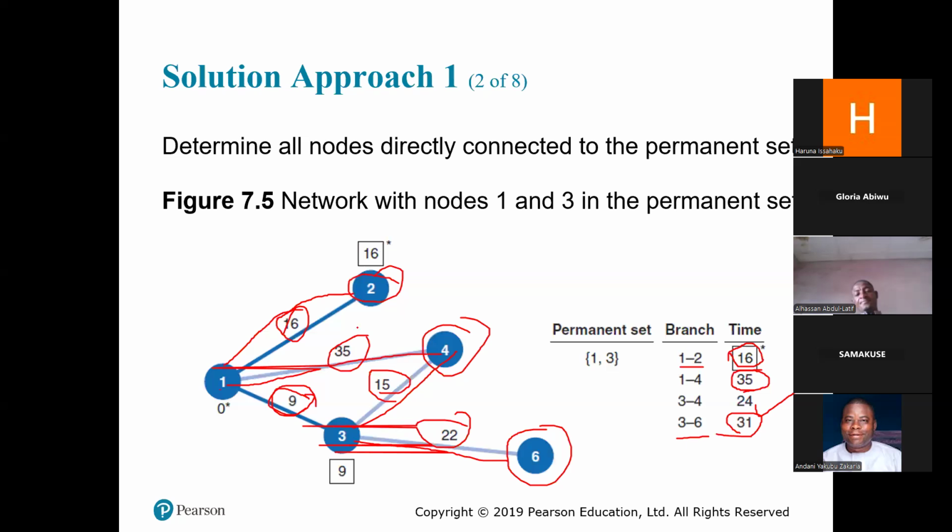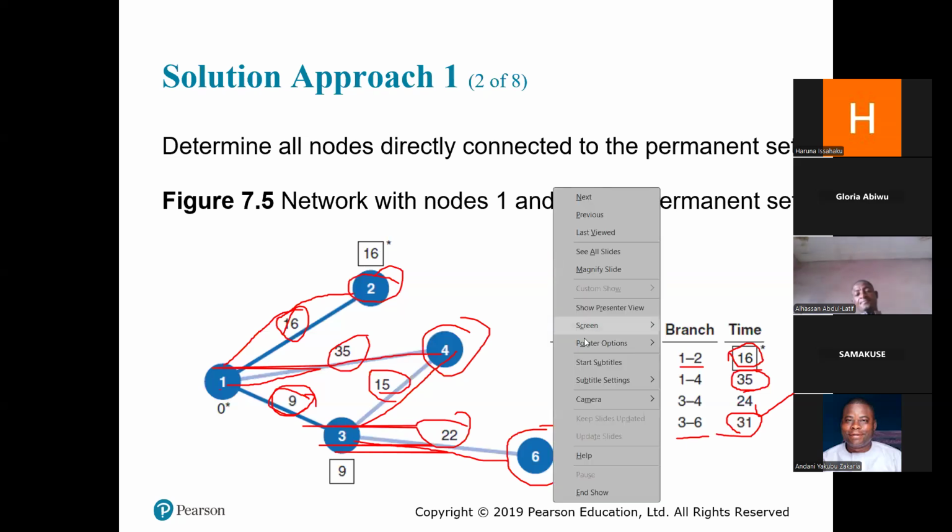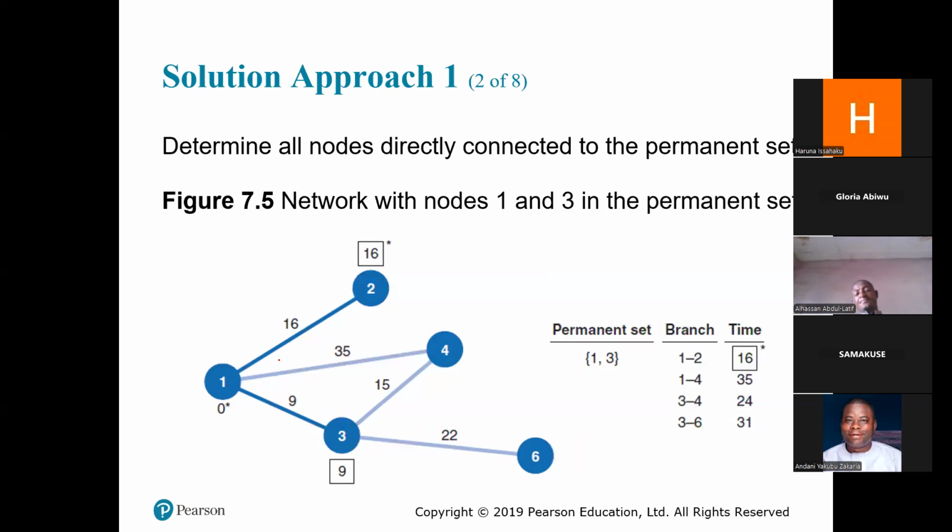So the branch 1, 2 is selected. So you see that that one has also been deepened. So this has been deepened. This has also been deepened.